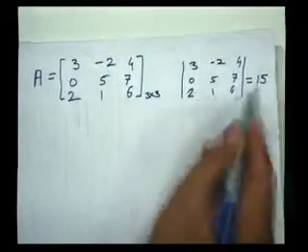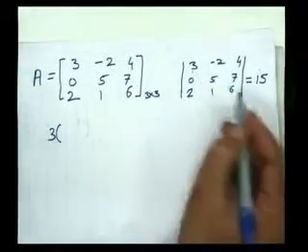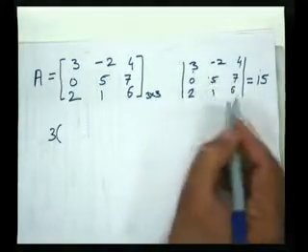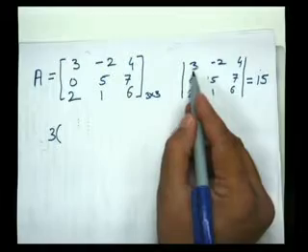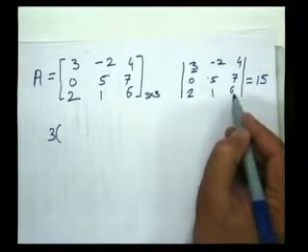So let us check it. This is equal to 3 into, so you take the minor of this 3 as 5 7 1 6. Okay.